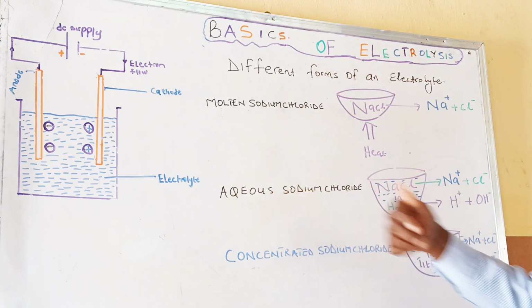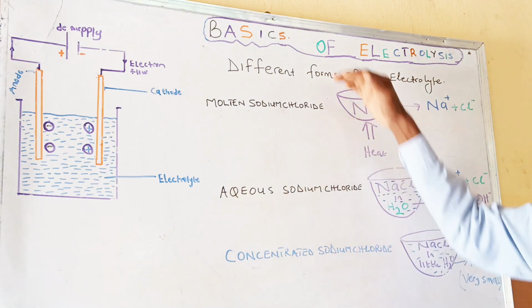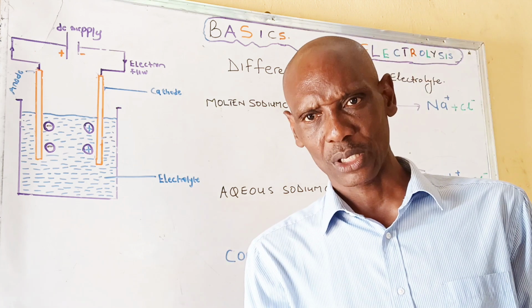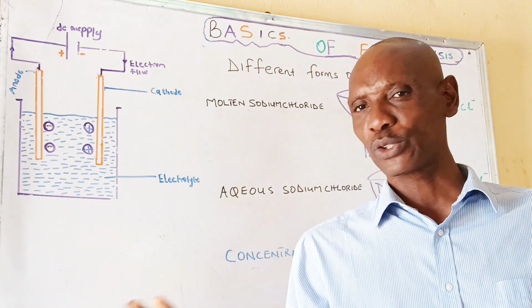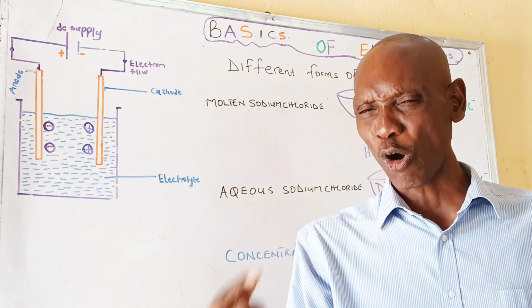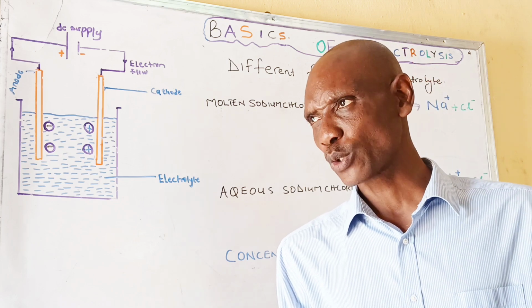Then for the aqueous form, the products change. In other words, as the form of the electrolyte changes, the product also changes. And that is why whenever we want to carry out the process of electrolysis, we have to take into cognizance the forms of the electrolyte.